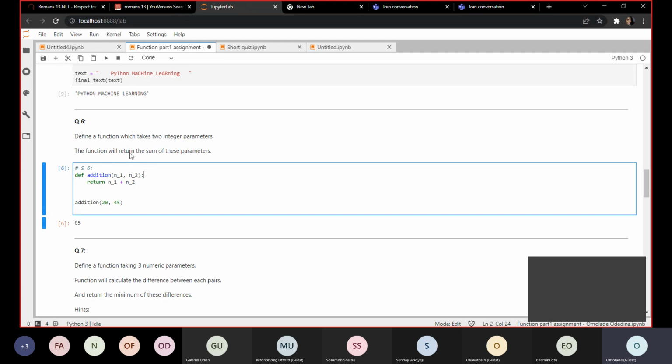Now the function will return, keyword return, the sum of these parameters. When you say return, you know it has to return something. So now we have defined our function as addition, and the 2 parameters we put in are n_1 and n_2.